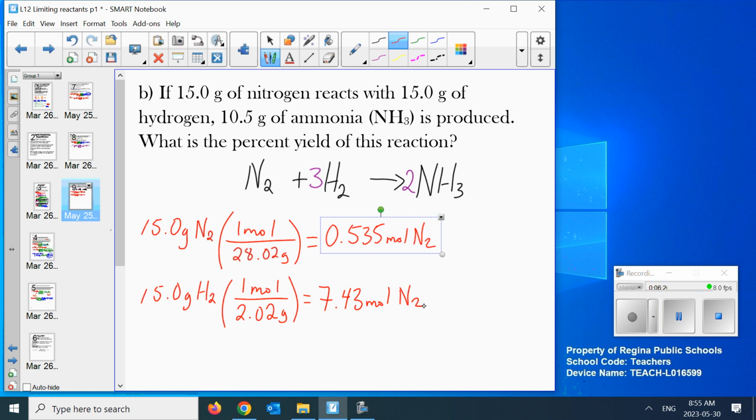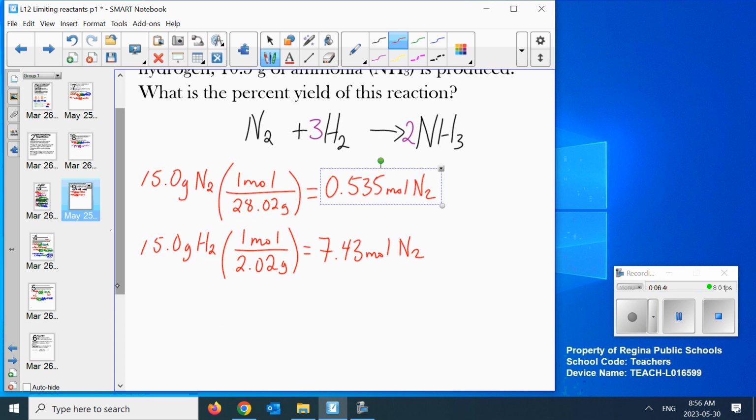I don't think you have to actually do any calculations here to figure out which one's in excess, because by the mole you can actually compare. And it's funny that again, there's way more hydrogen moles. But let's just do a theoretical to determine better.